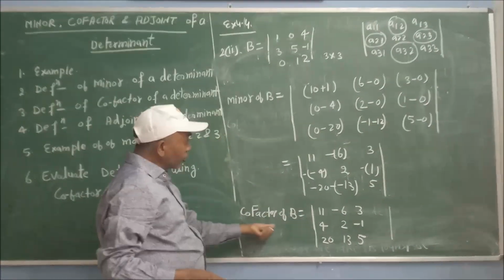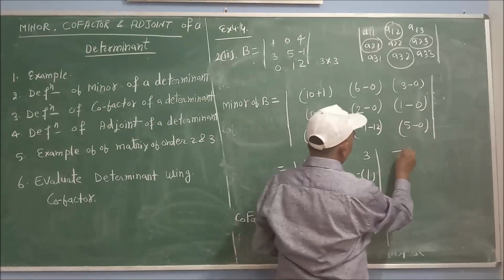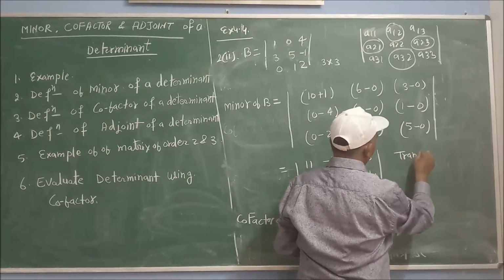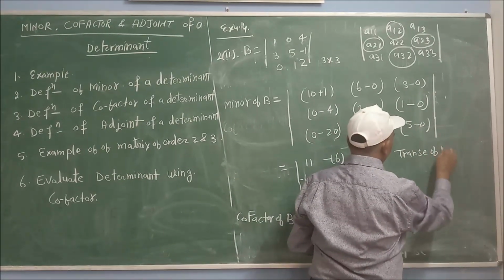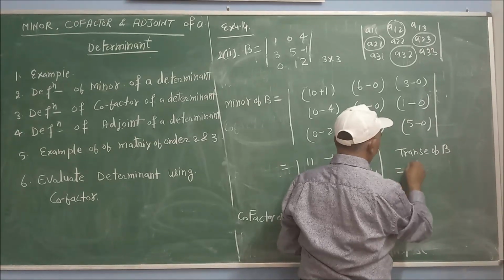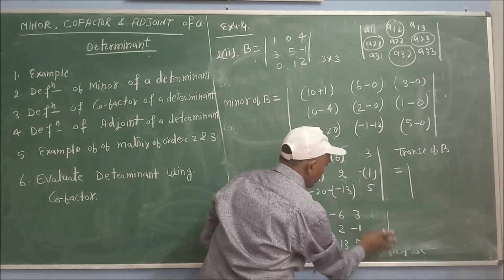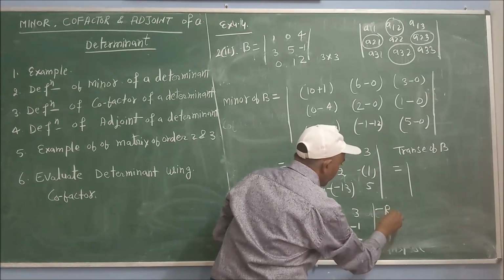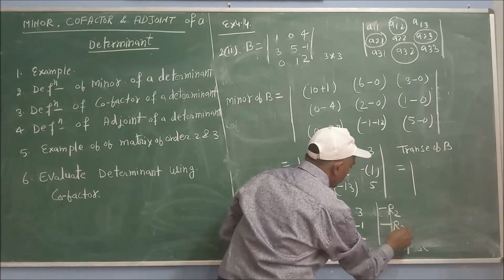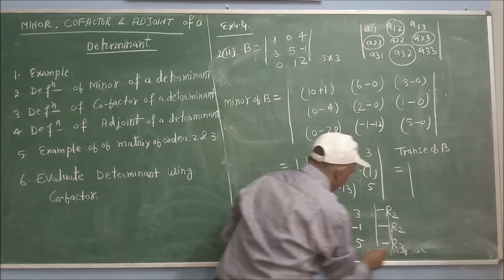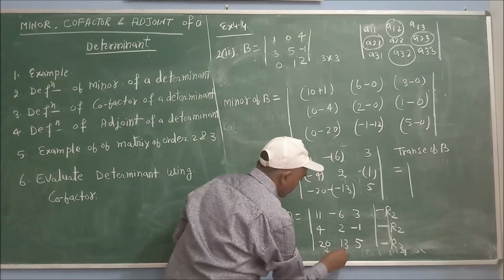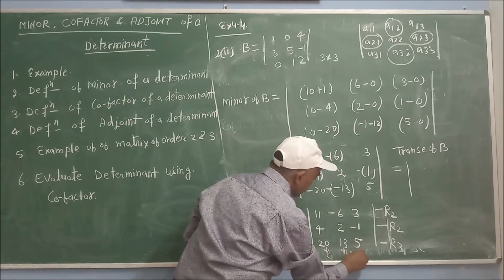And for the transpose of B, see here, the transpose of the determinant B. This is R1, here is R2, and this is R3, and here is C1, this is C2 and here is C3.